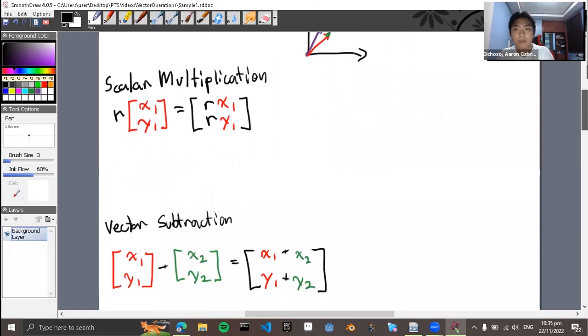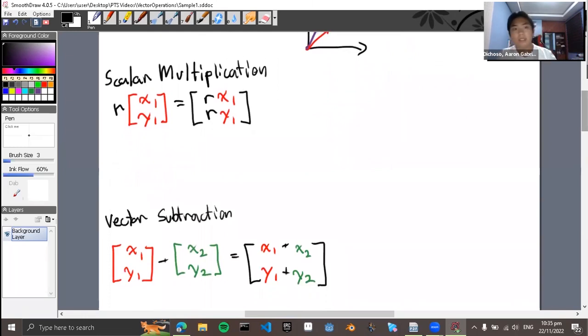Scalar multiplication. Scalar multiplication is performed when we are multiplying a scalar, or just a regular real number, it's not a vector. It's just a number to a vector. So to do that, we just distribute the value of the scalar to each of the corresponding elements inside the matrix.